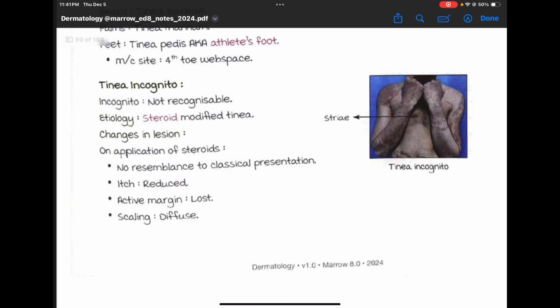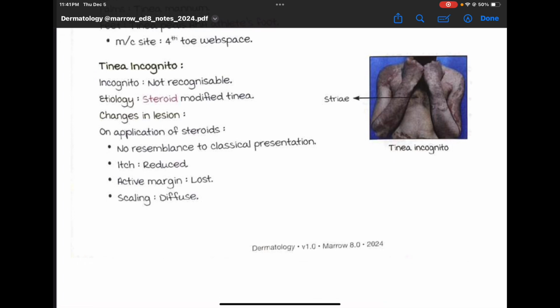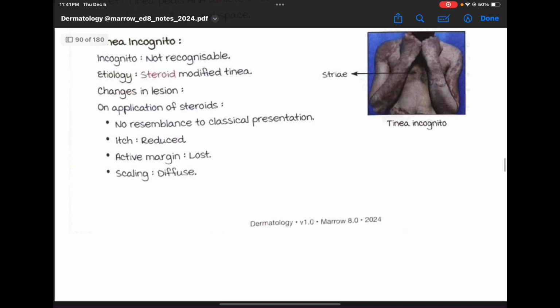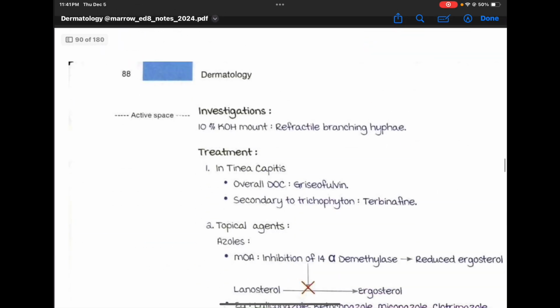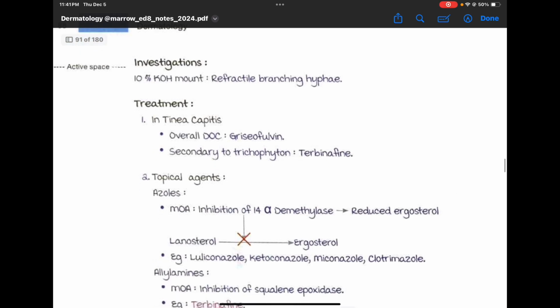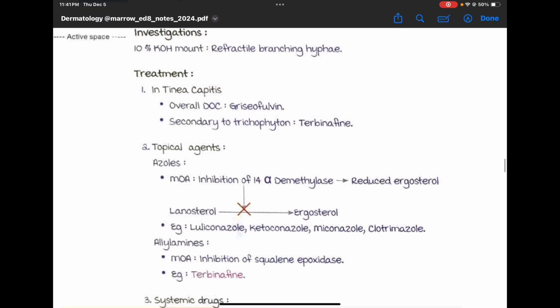Tinea incognito: not recognizable, steroid modified tinea, changes in lesion on application of steroids, no resemblance to classical presentation, itch reduced, active margin lost, scaling diffuse. Investigation: 10% KOH mount, refractile branching hyphae.